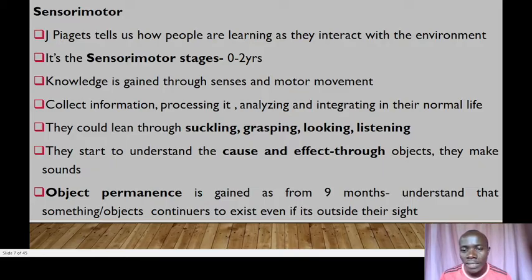However, the concept of object permanence has not yet developed. It's gained around 9 months. Object permanence is simply the concept where kids understand that objects or things will continue to exist even if they are outside their sight.